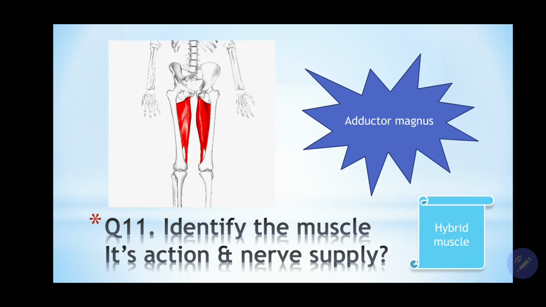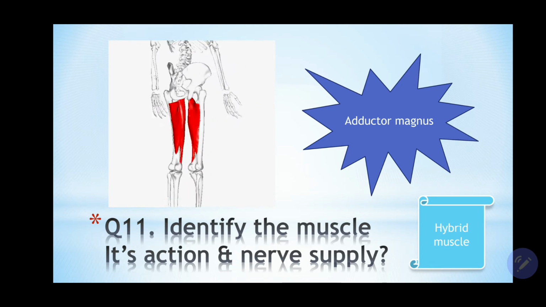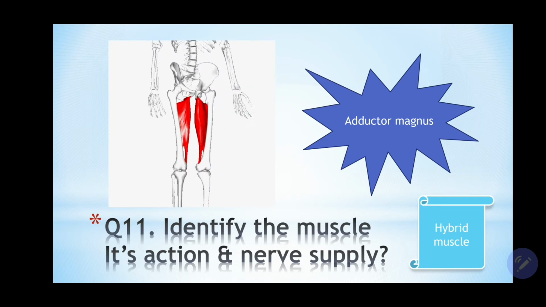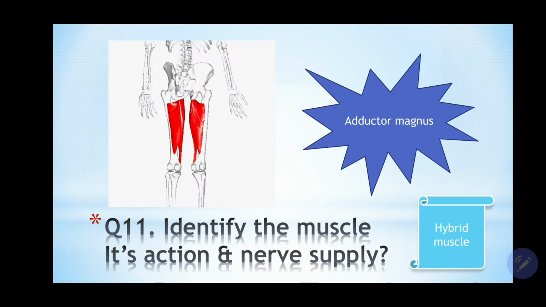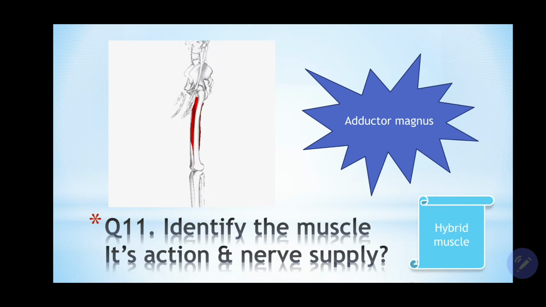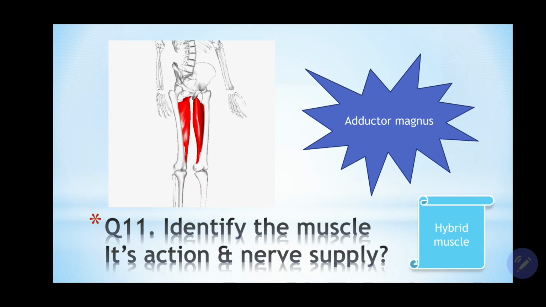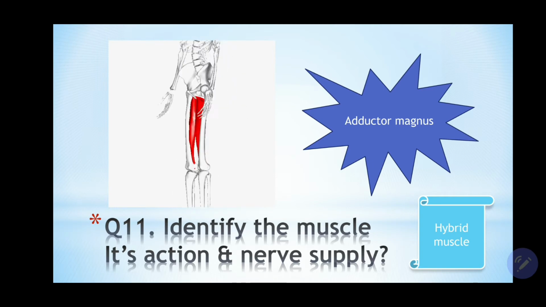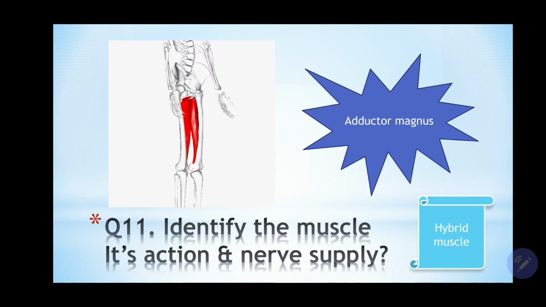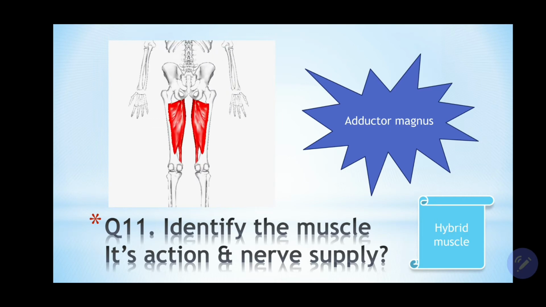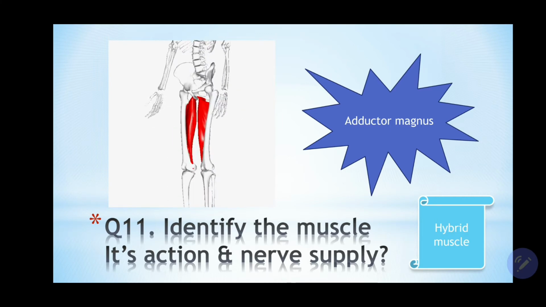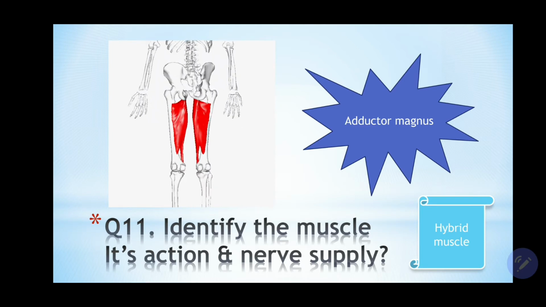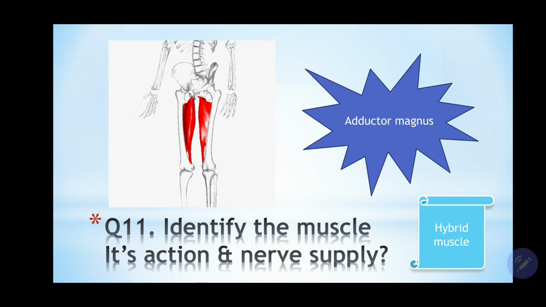Now about insertion. This muscle has a wide, elongated aponeurotic insertion in the linea aspera, and it's a slightly S-shaped insertion, and that aponeurotic insertion of this muscle has, I already told you, 4 minor openings for the passage of the 4 perforators.